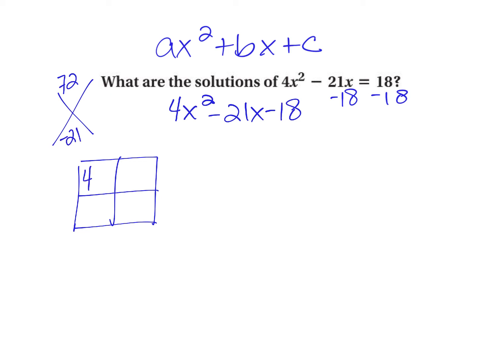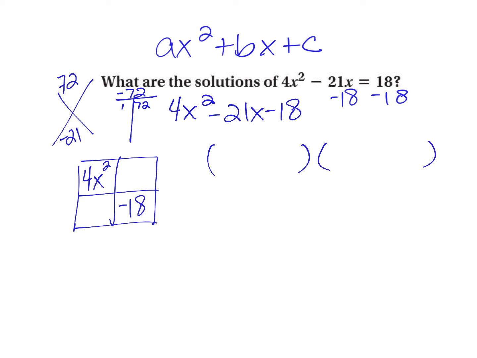So I'm going to put in my first term, my last term. I need factors of -72 to get a sum of -21. So 1 and 72, well, actually, let's see here.